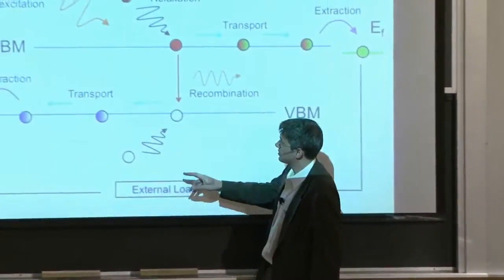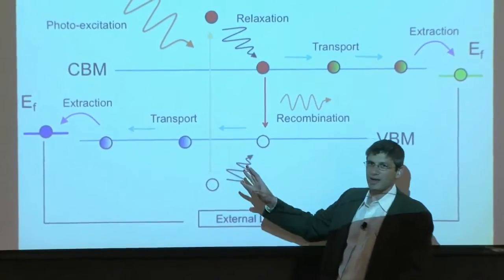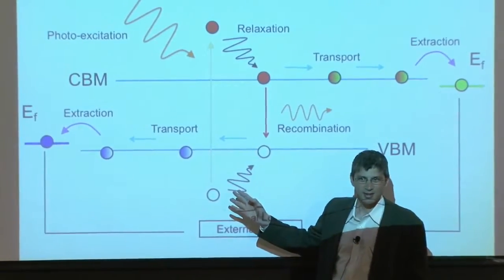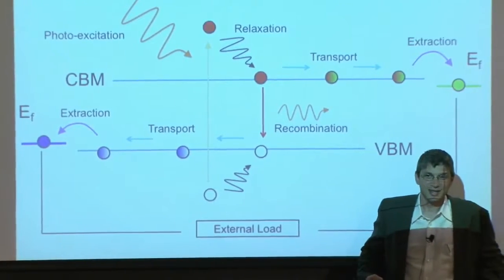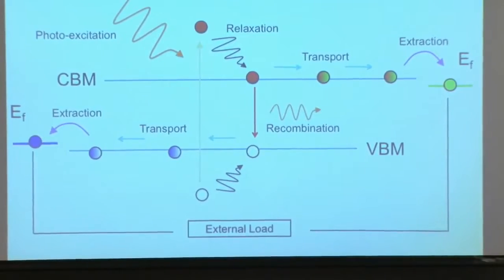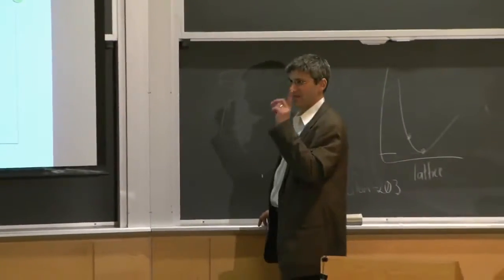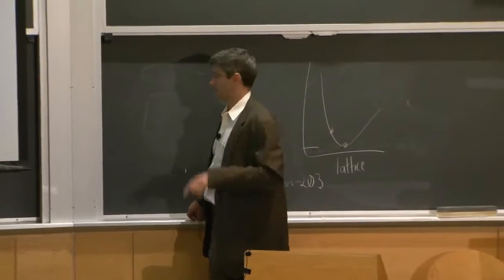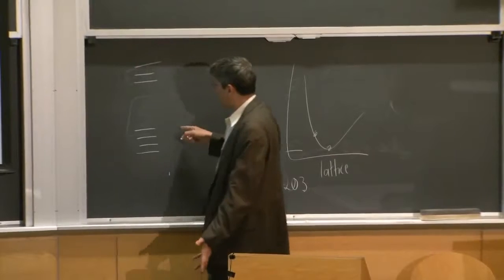Light shines on the material, and an electron's just cruising around, okay? And then it's like, oh man, I just got hit by a photon. I better take that energy in. But we know that when an electron takes energy in, what happens?